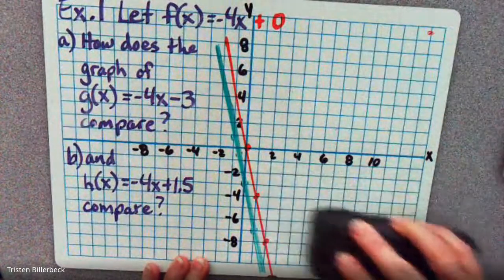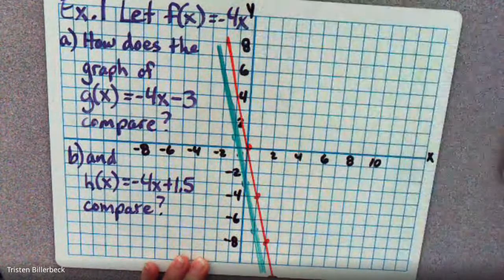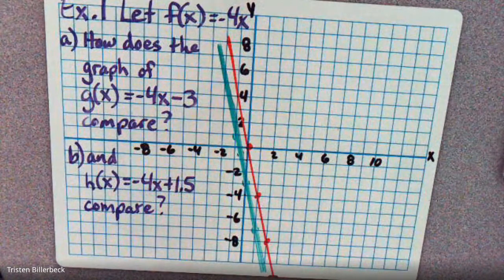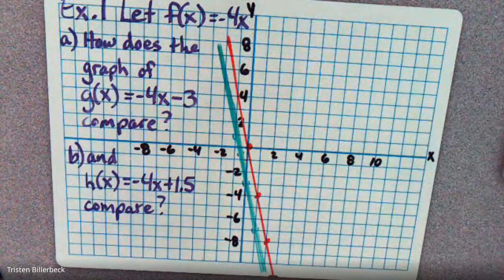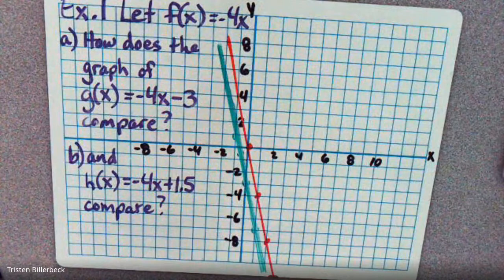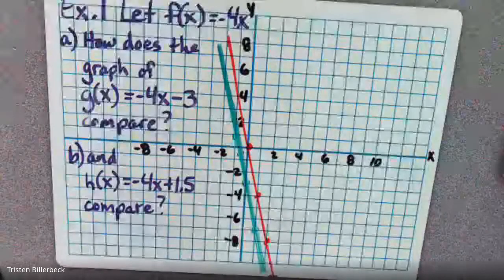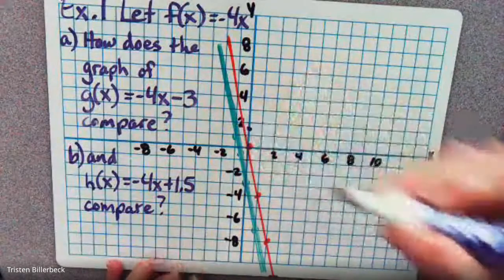Let's take a look at what the next graph might do. This one we have plus 1.5. So what do we think is going to happen? It's a positive y, so we're moving from 0 up to 1.5. If we didn't want to do any work, we could just say I bet that's going to be at 1.5 right here.